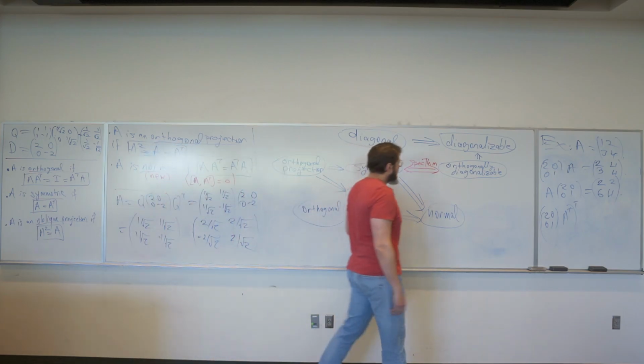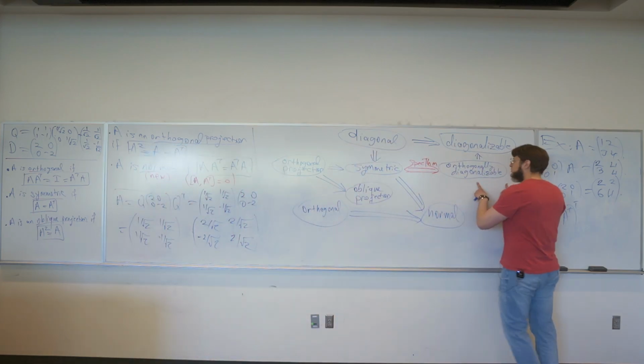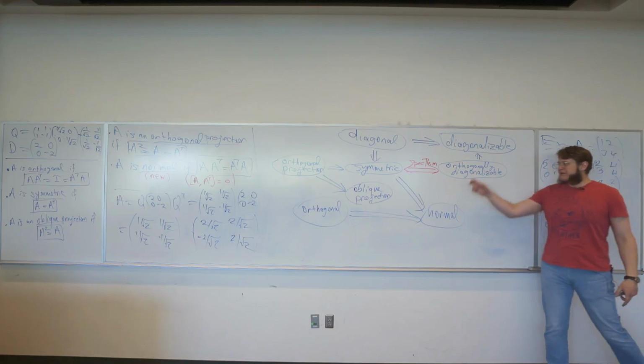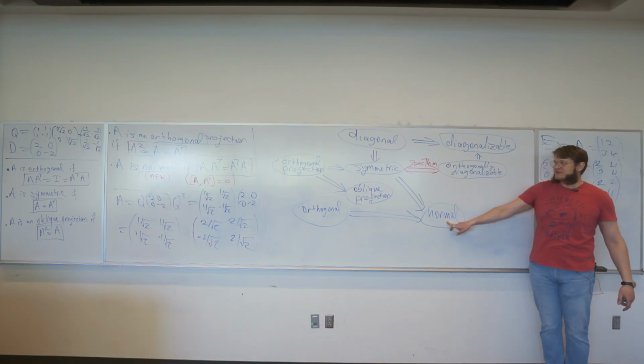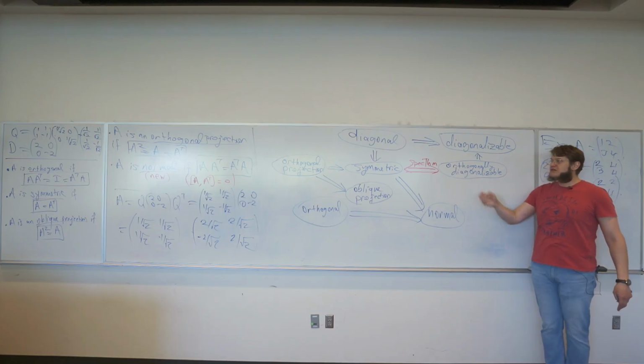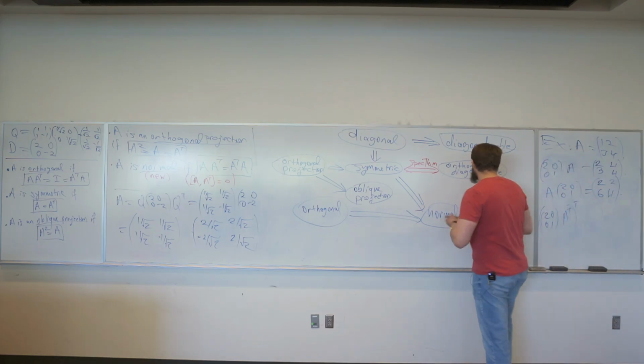If I, in fact, allow myself complex valued matrices, there's a spectral theorem for normal matrices that says normal matrices are orthogonally diagonalizable using complex numbers.